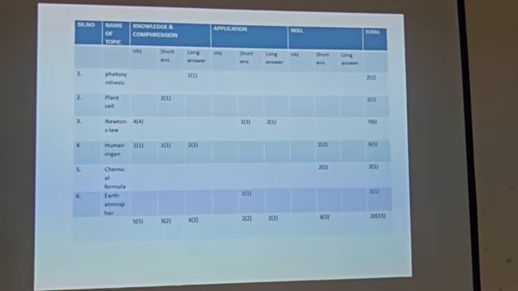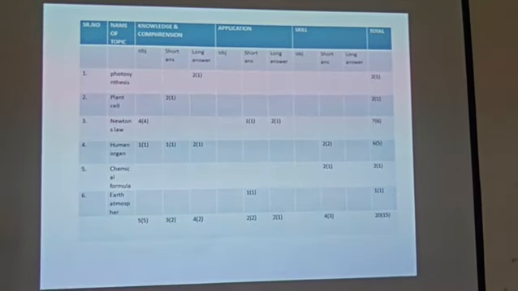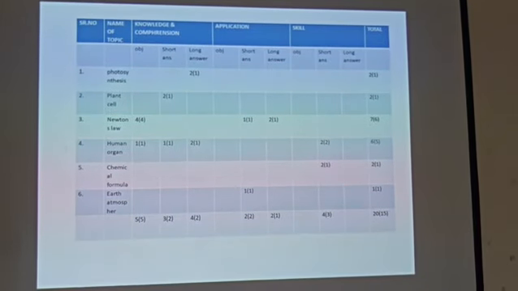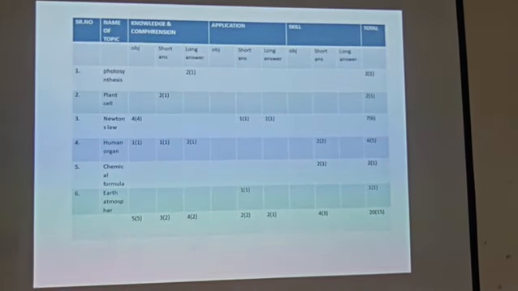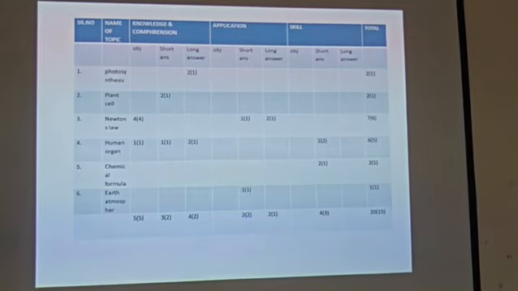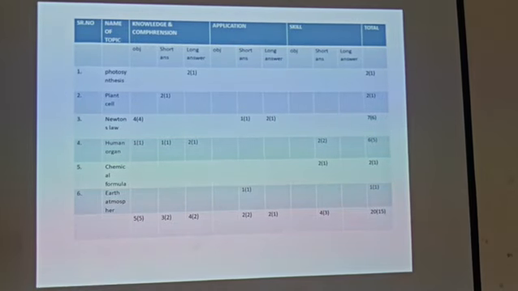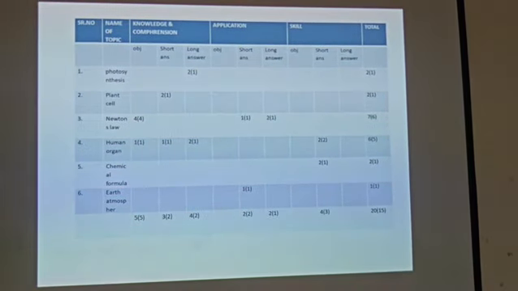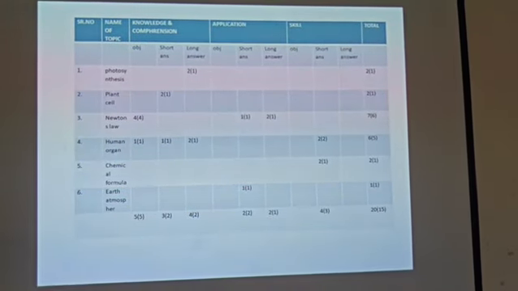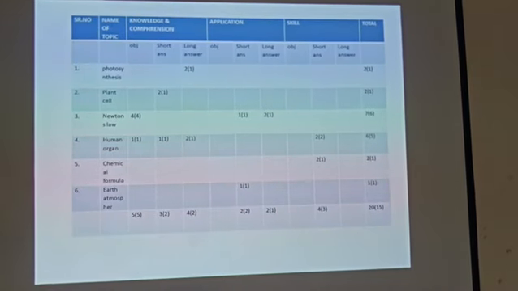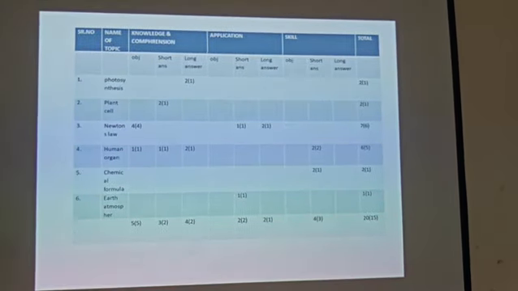There is one question based on photosynthesis and it carries 2 marks. Plant cell, one short question and it carries 2 marks. Newton's law, 4 questions, it carries 4 marks and based on knowledge and comprehension.